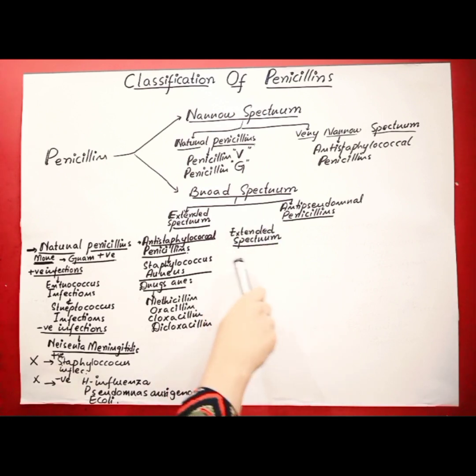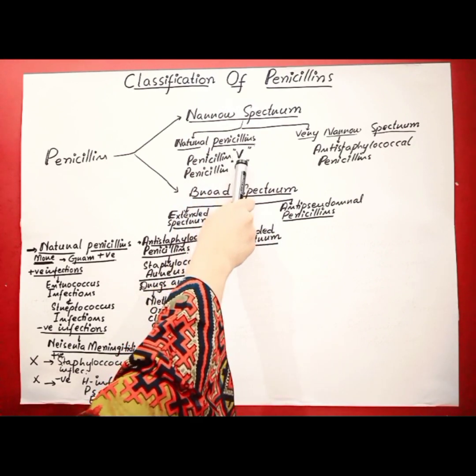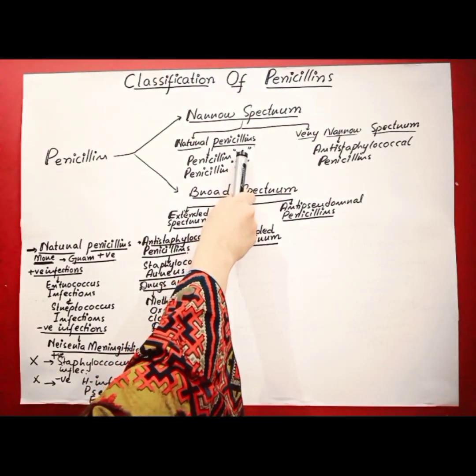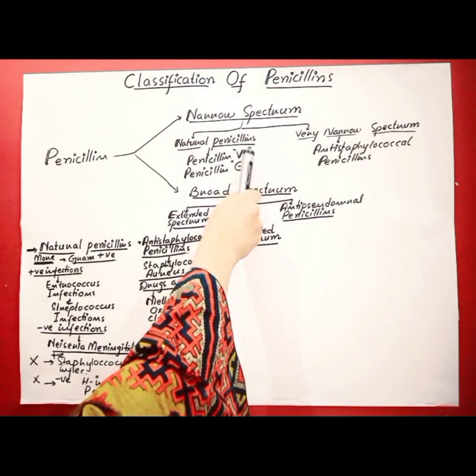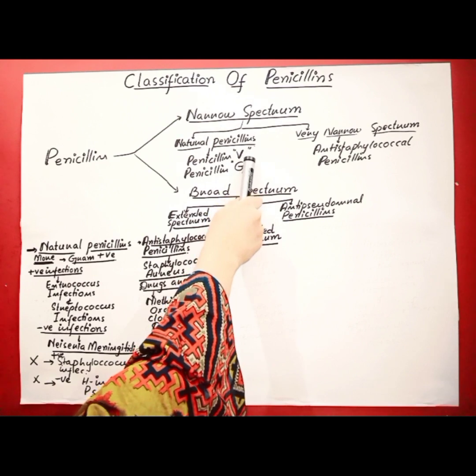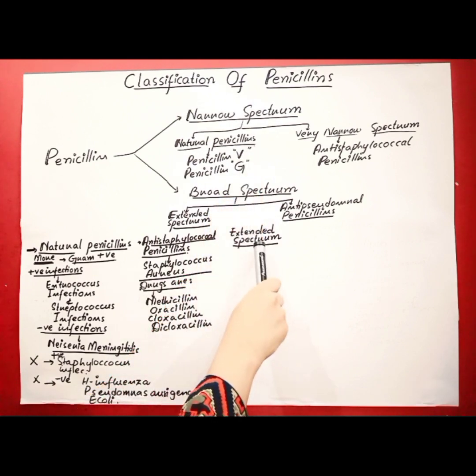As we have discussed, natural penicillins are more effective against gram-positive bacteria and not so much against gram-negative bacteria. So the antibacterial spectrum of the extended spectrum antibiotics is similar to natural penicillins, but they are more effective against gram-negative bacteria.